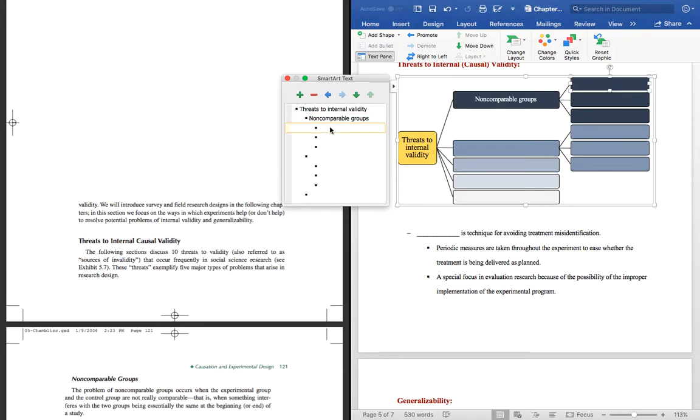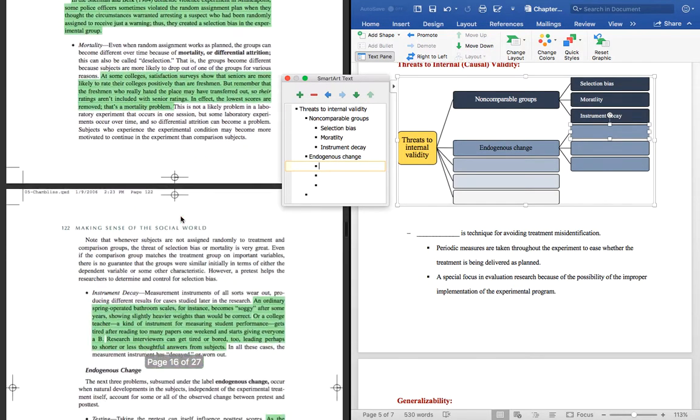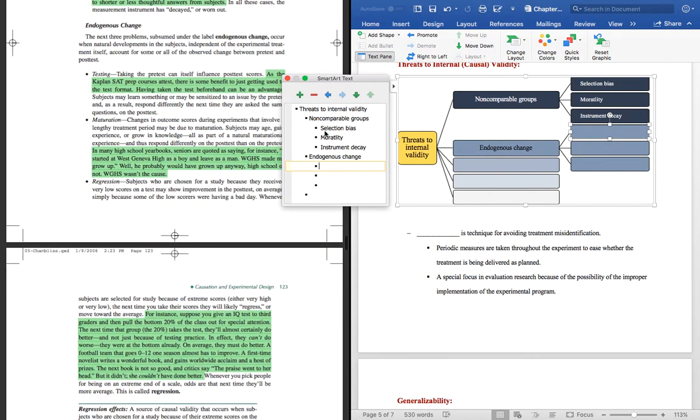Non-comparable groups, either there is a selection bias, there is mortality, there is instrument decay, and then the second threat is endogenous change. In the endogenous change category, let's see what we have in the article. We have the first one is testing.